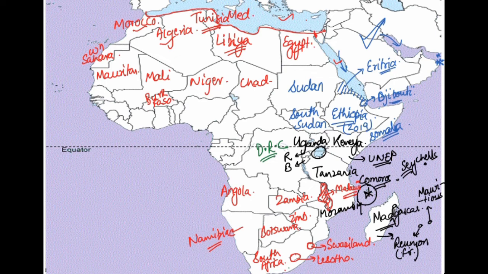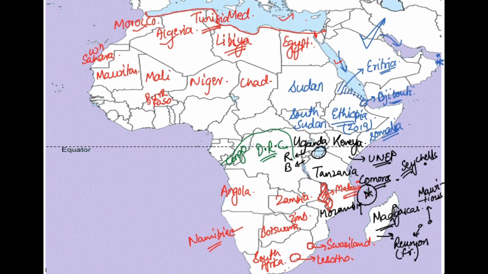East of the Democratic Republic of Congo we have Congo. If we talk about these two countries, there is a river which passes through them, known as River Zaire or River Congo. An interesting fact about this river is that it cuts the equator twice. It is the only river that cuts the equator twice.